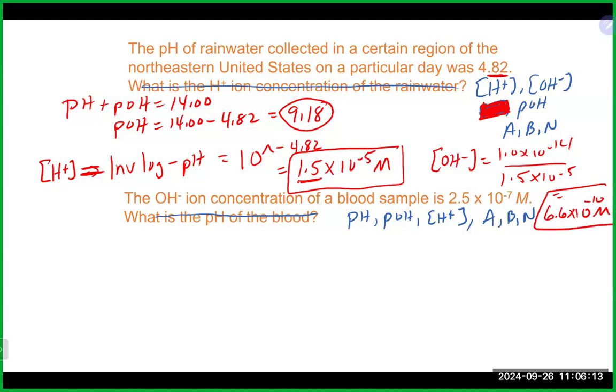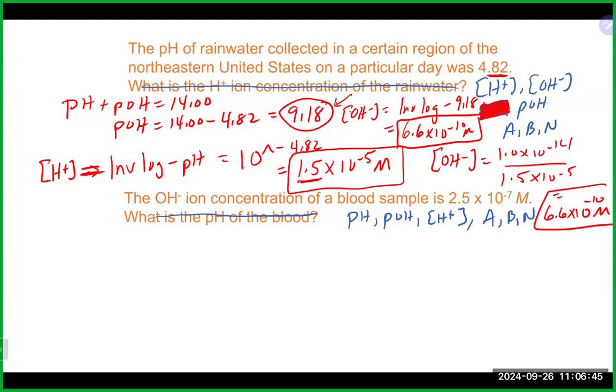You could have also, because I got my pOH, used the inverse log of the negative 9.18. And again, you'll get the exact same answer. So it is just a preference as to which way you want to go with that. Again, you'll get the 6.6 times 10 to the minus 10 molar. First off, any questions on any of those calculations?